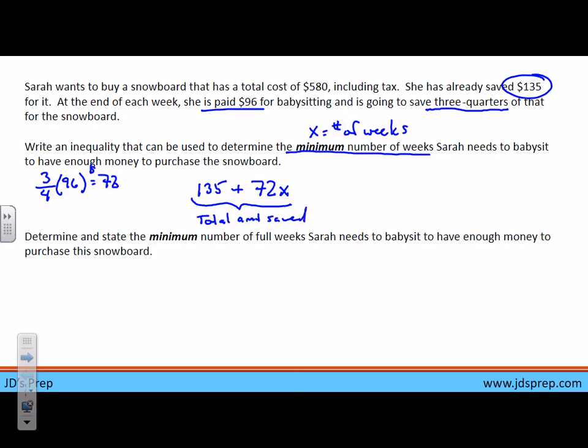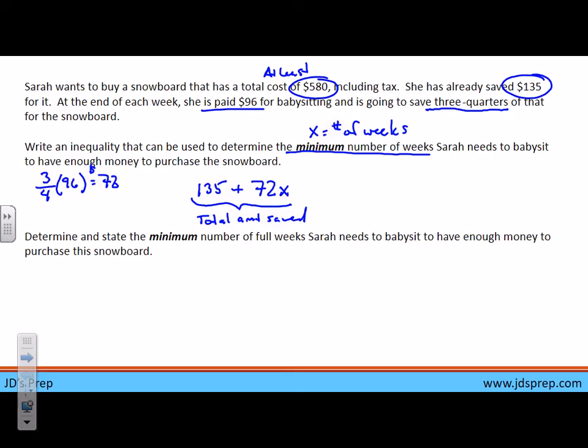In order to purchase the snowboard, that total amount that Sarah has saved must be at least $580. If she has less than $580, she won't be able to afford the snowboard. If she has exactly $580, she will. And if she has more than $580, she'll be able to afford it.